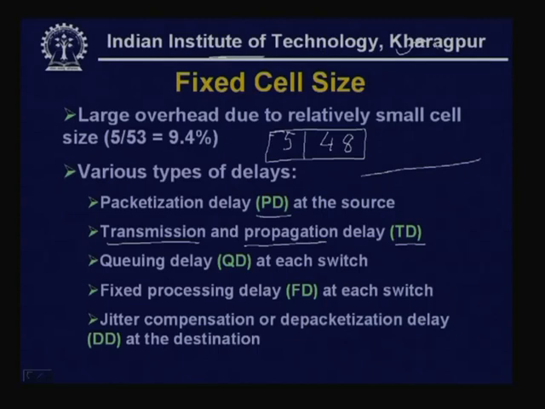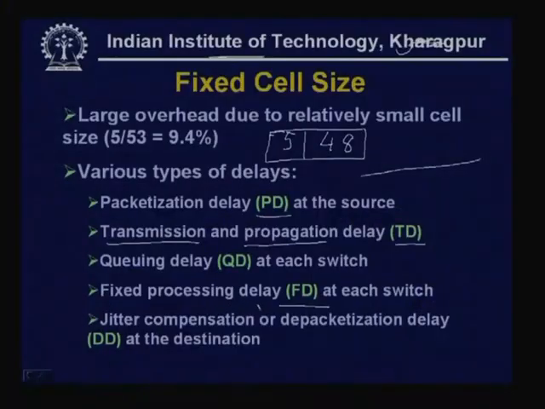Then there is a fixed processing delay at each switch. The switches will take some time, as we shall see, for error checking and synchronization, and this processing delay at each switch leads to some delay. And finally, the jitter compensation or depacketization delay at the destination.